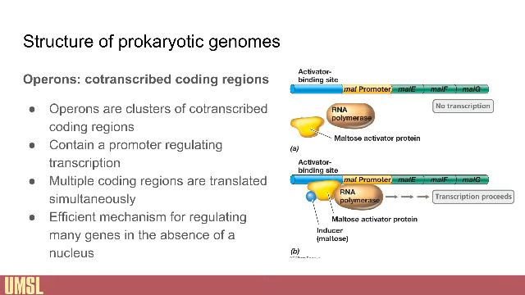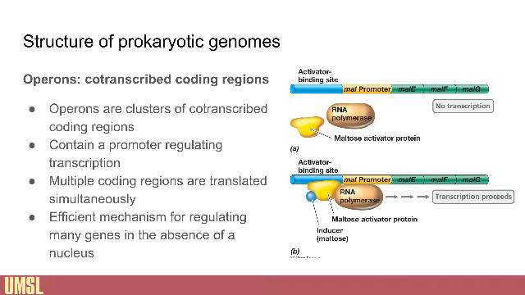Now, what happens for most genes or most open reading frames or coding regions in bacteria is that they are assembled into polycistronic messages, which are known as operons. And what this means is that you have multiple open reading frames that are co-transcribed under the control of a single promoter.